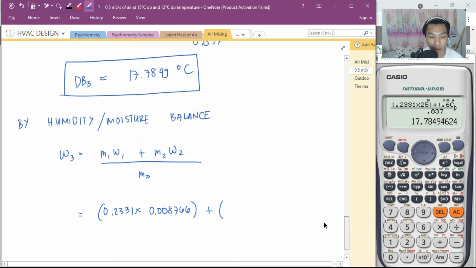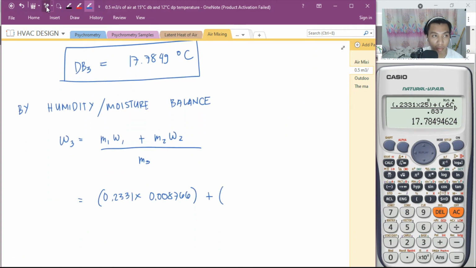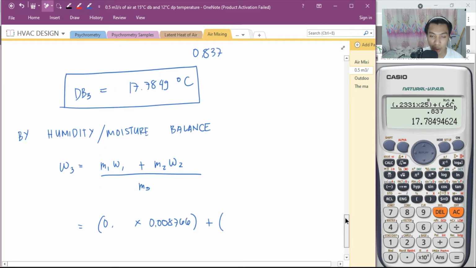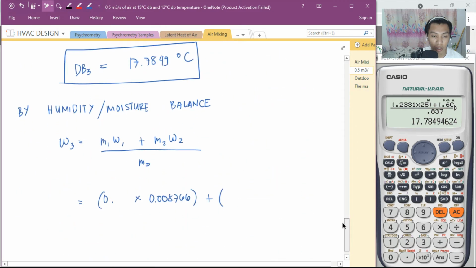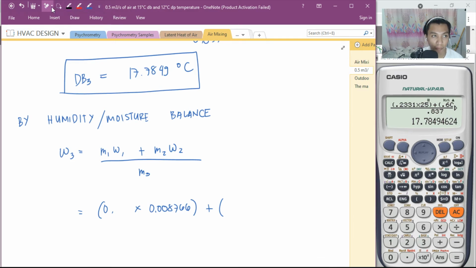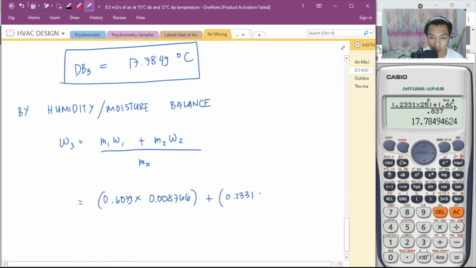Ay, mali. Baliktad pala to. 0.6039 tapos 0.2331 times yung 2.